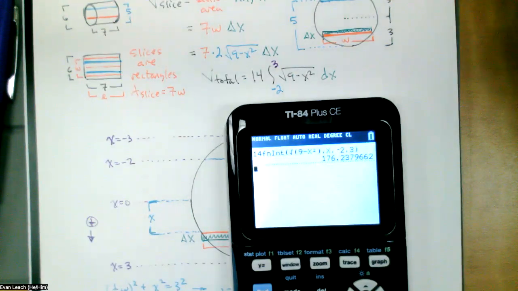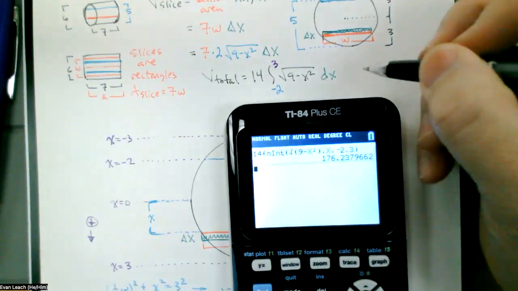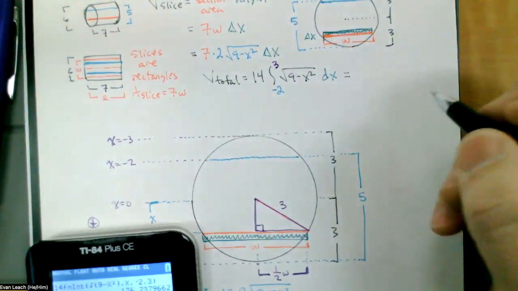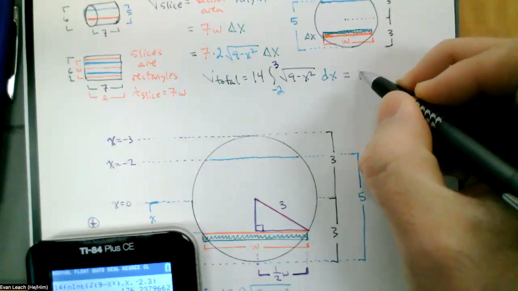Save those kinds of complaints for physics and engineering. This is math class. I want 5 significant figures because if you got a correct answer to 5 significant figures, you did not guess. So we get 176.24.